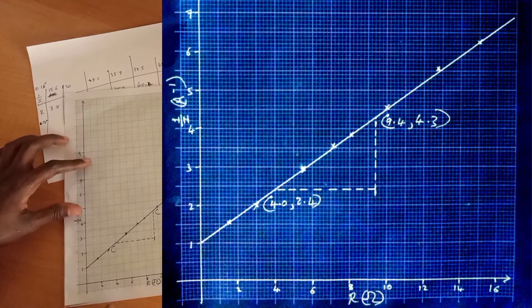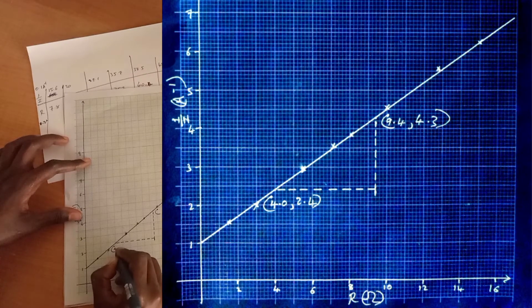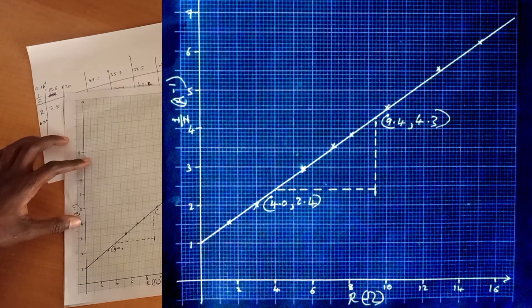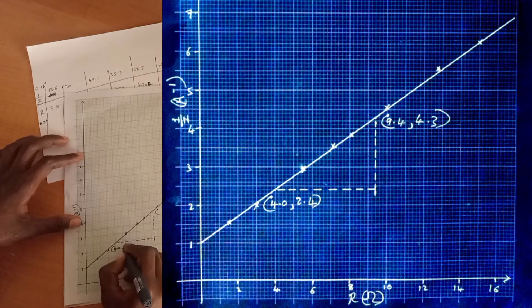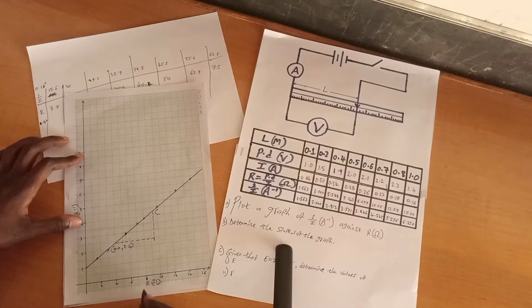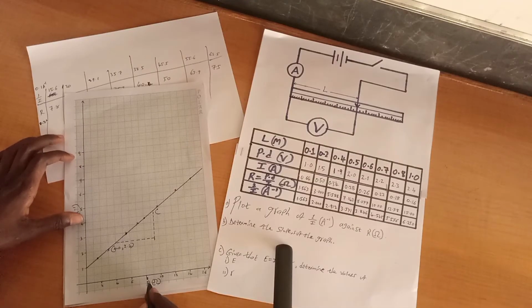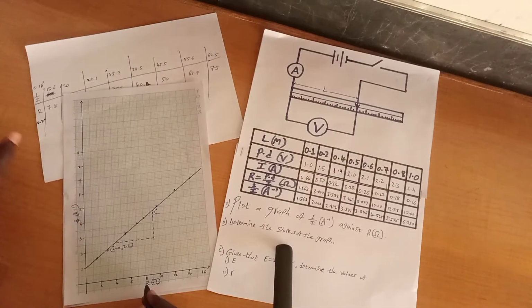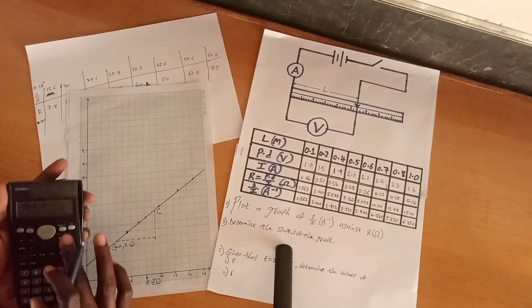So this one is 4.0, then this one is 2.4. Then on this side, these are 10, 20, 30, 40, 47.